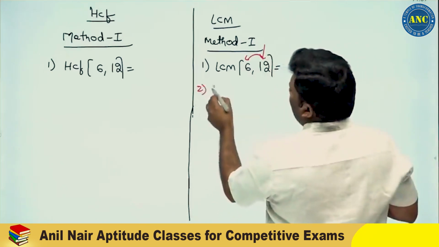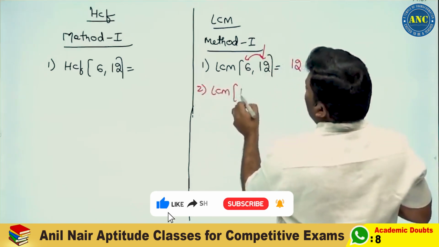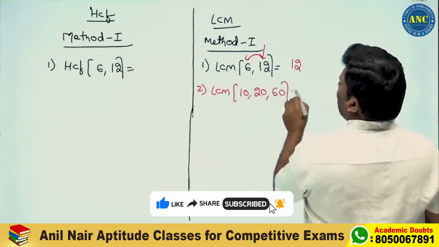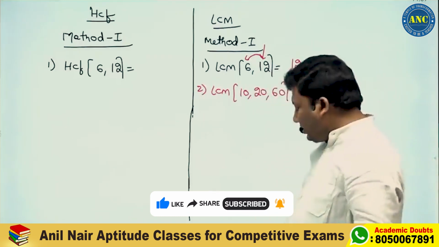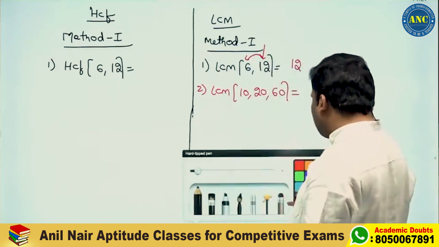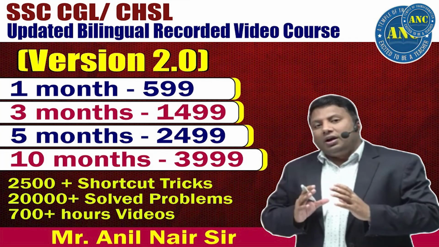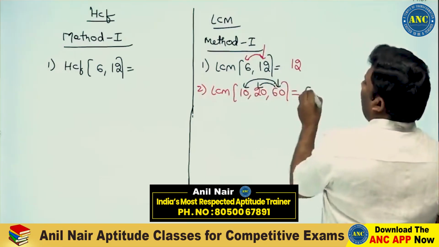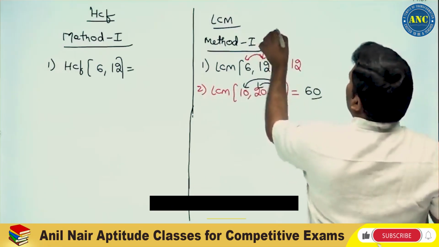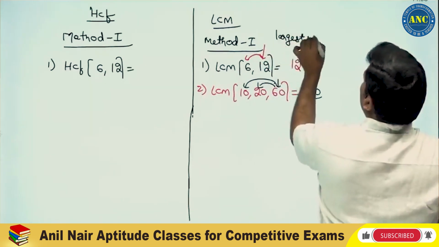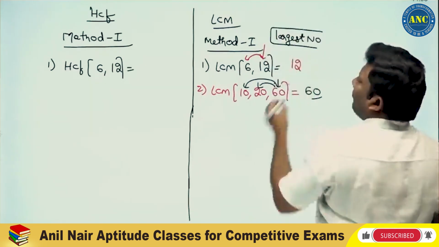Suppose the question is LCM of 10, 20, 60. How did we find the LCM? We went into the largest number, 60. Is 60 divisible by 10? Yes. Is 60 divisible by 20? Yes. So we wrote the largest number.